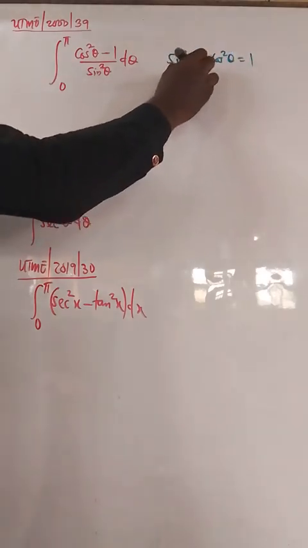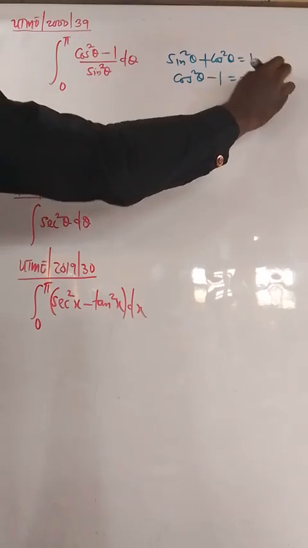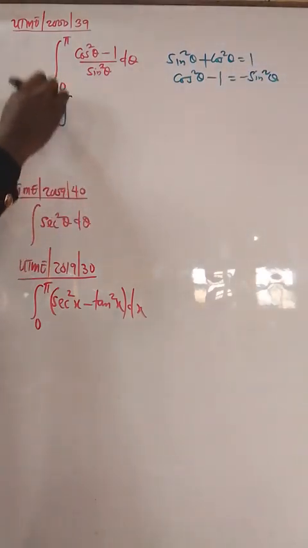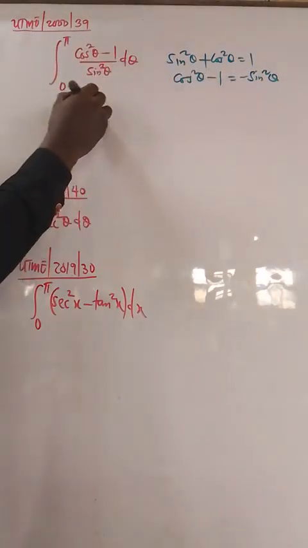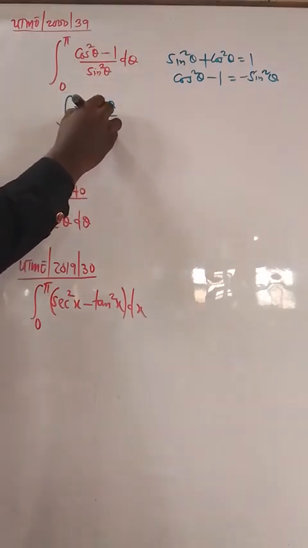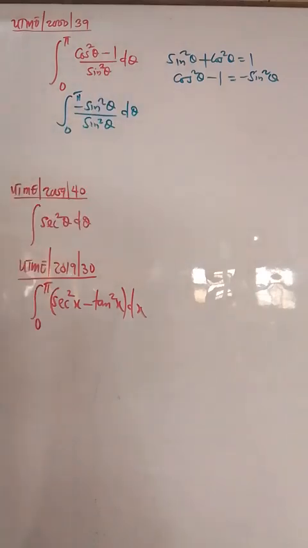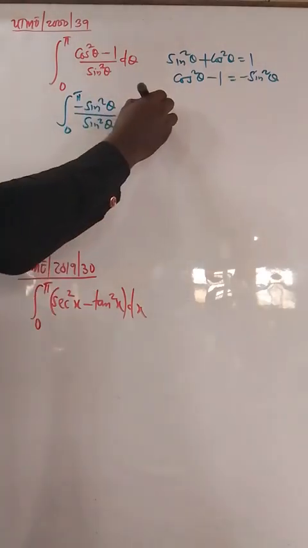It means cos square theta minus 1 equals minus sine square theta. So we can now replace the numerator with minus sine square theta over sine square theta d theta. What happened from here?